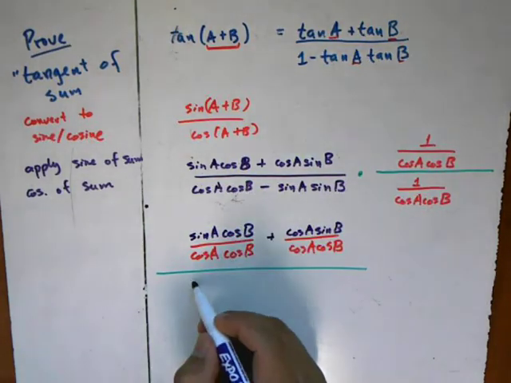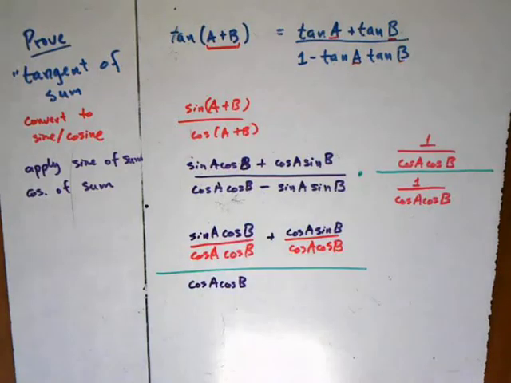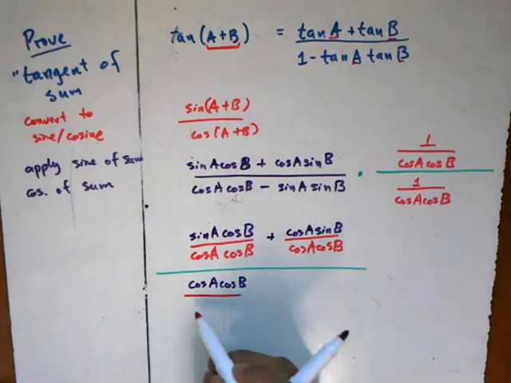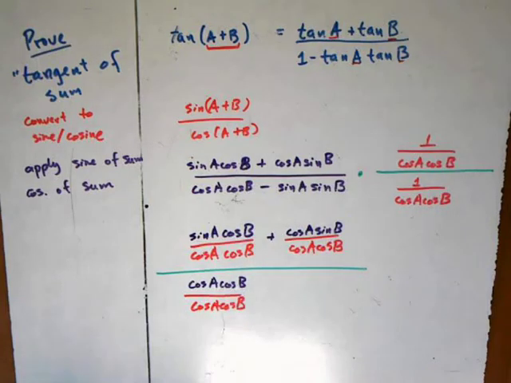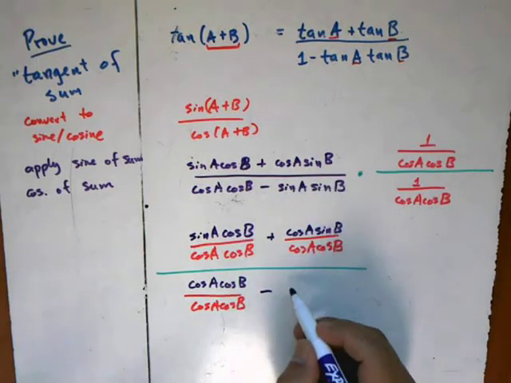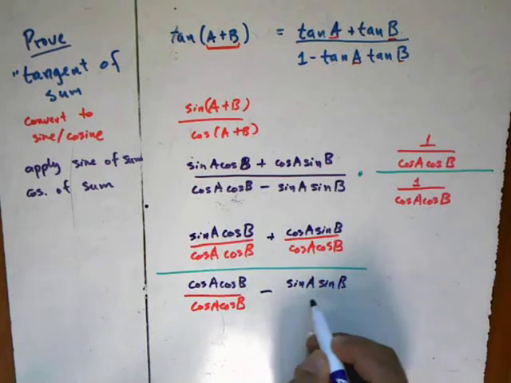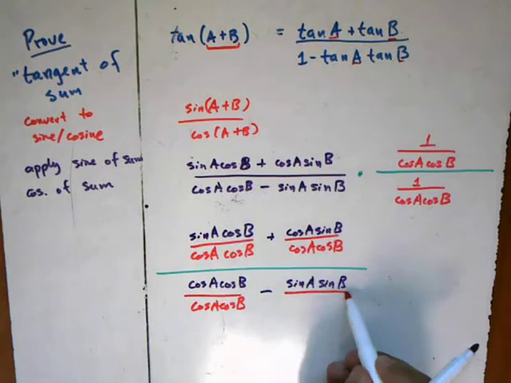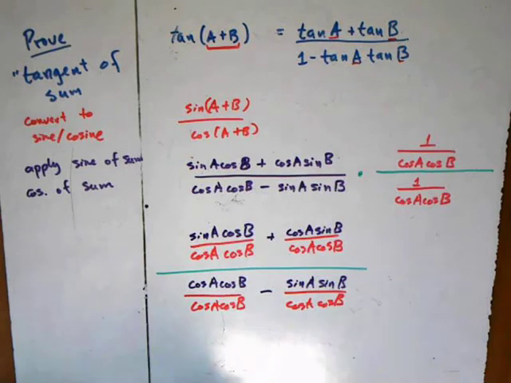Now for the bottom, I get cos A cos B over cos A cos B, plus, or minus rather, sine A sine B over cos A cos B.